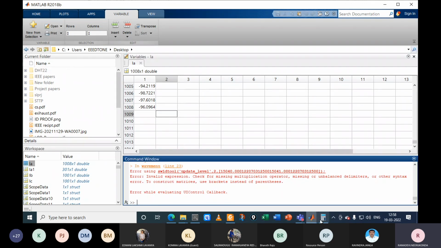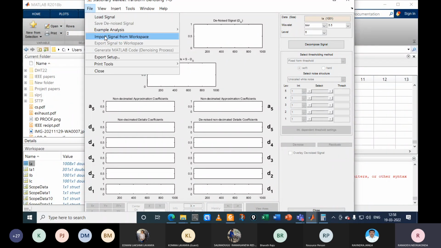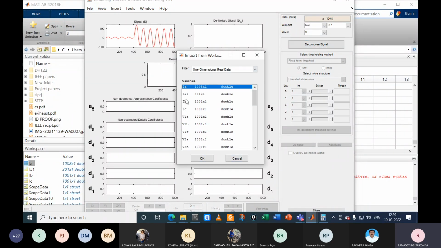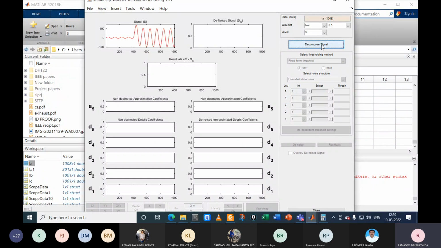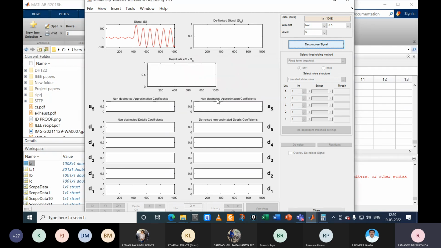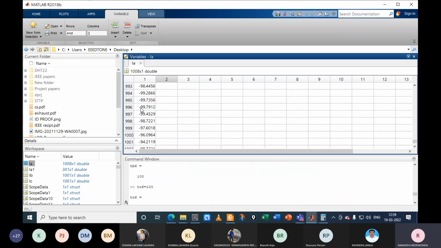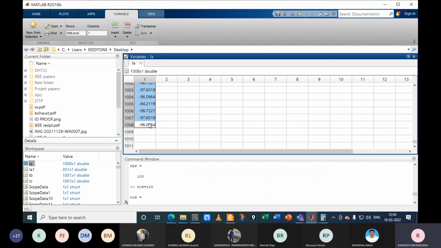Okay, now again we import the signal from the workspace by taking this. 1024 is the length required for this. So we copy and paste its values up to 1024.